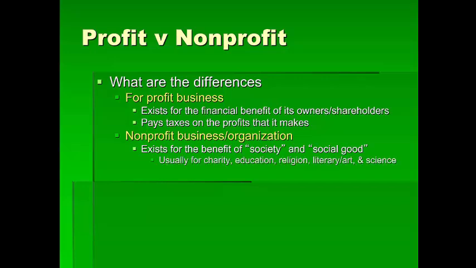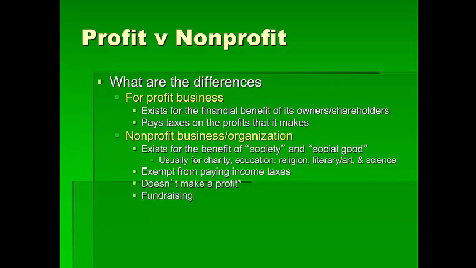The purposes usually are for education, religion, literary and art purposes, charity and science, and the organization is exempt from paying income taxes. That does not mean that the workers, the employees, don't pay income taxes. It's the business. They don't pay taxes because they don't make a profit.